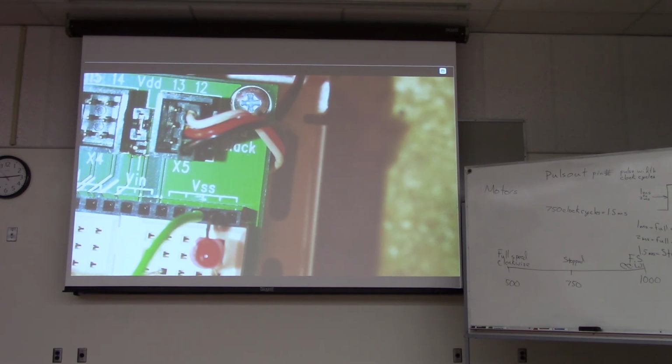So oftentimes we say that ground is the lower voltage on our battery. Okay? So if we have a battery, it's got two terminals, and one terminal has a higher voltage than the other. So oftentimes we say that ground is connected to the terminal with the lower voltage.